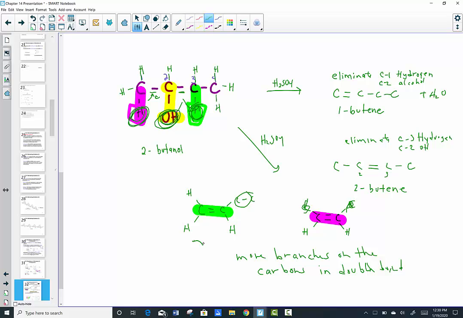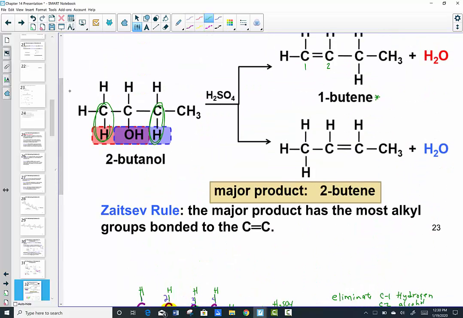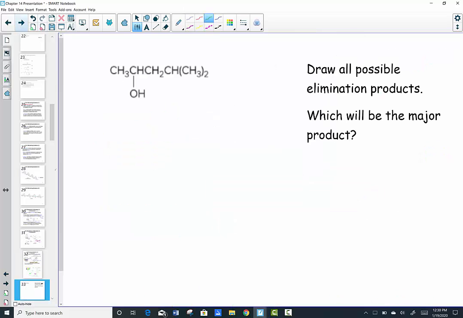This is mono-substituted, whereas this is di-substituted. So the major product is the one that places more carbon branches on the carbons in the double bond, which is 2-butene. So the major product, 2-butene, over the least substituted alkene, 1-butene. That's called Zaitsev's rule. Let's do another practice together.